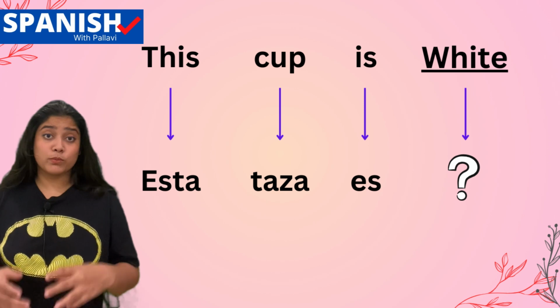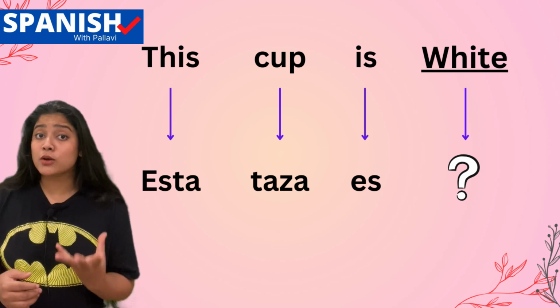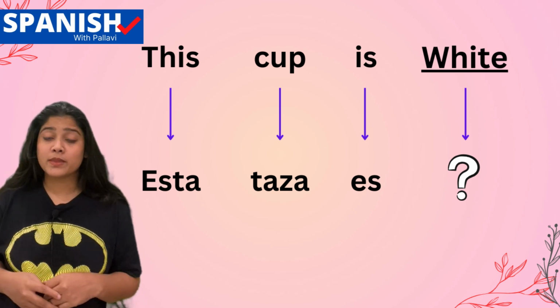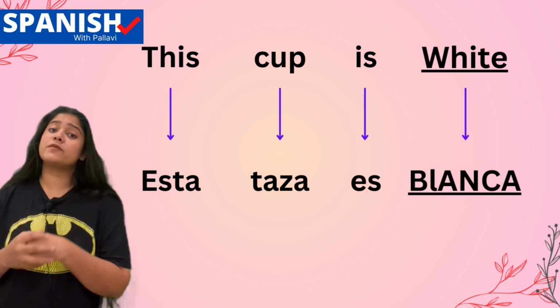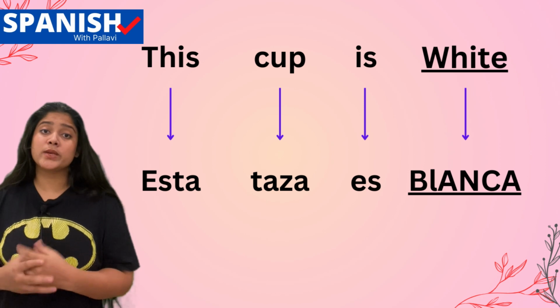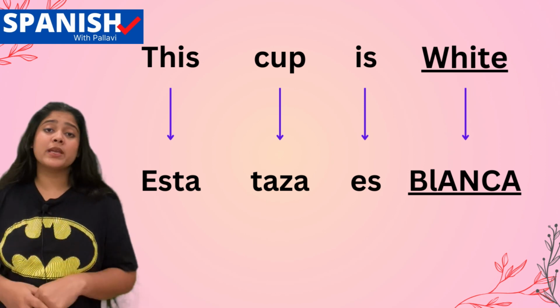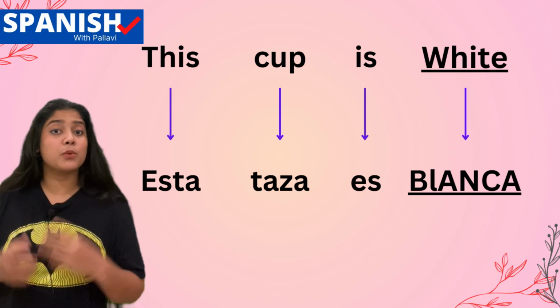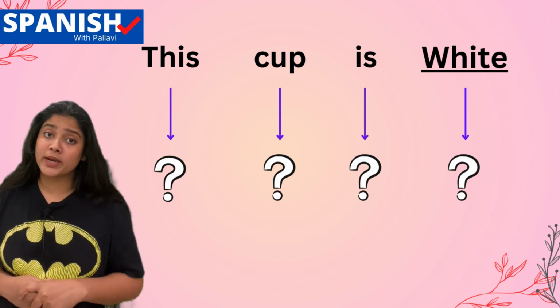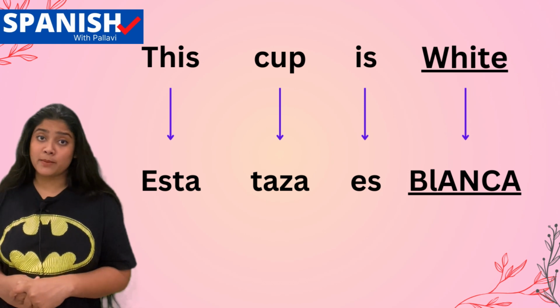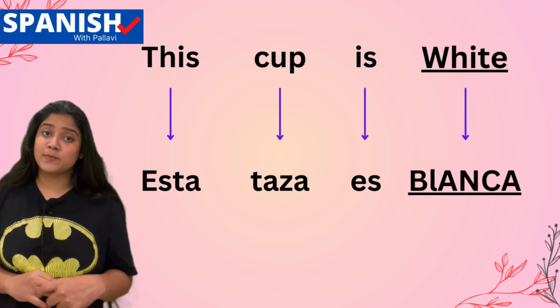White will be, so you're going to tell me we are going to use blanco or blanca. So we are going to use blanca. So the cup is femenino, not masculino. That's why we are using the white cup, la taza blanca. So the whole sentence will be this cup is white. Esta taza es blanca.